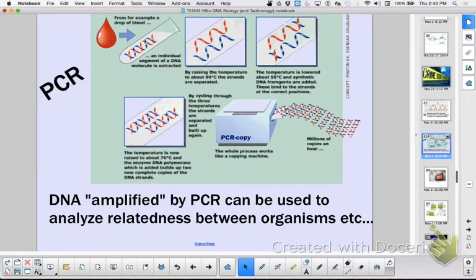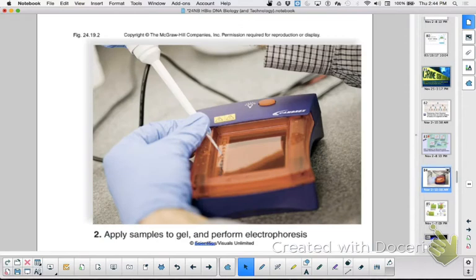Now I have millions of copies, and I cut up the DNA. Maybe I'm looking at STRs. Remember STRs? Tandem repeats. So let's say I cut up the DNA. What's a process where I can see how big the fragments of DNA are? Electrophoresis. You load it into a gel, you apply electricity, DNA is charged negatively and it's attracted to the positive end.